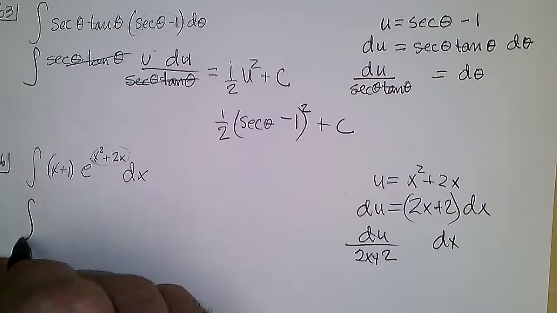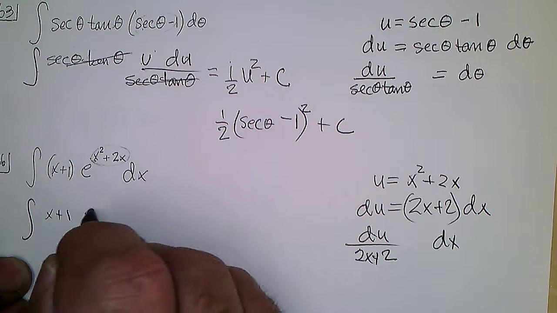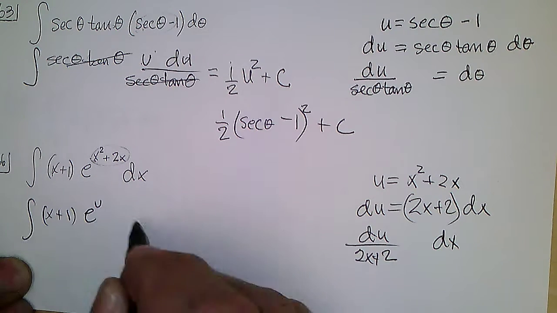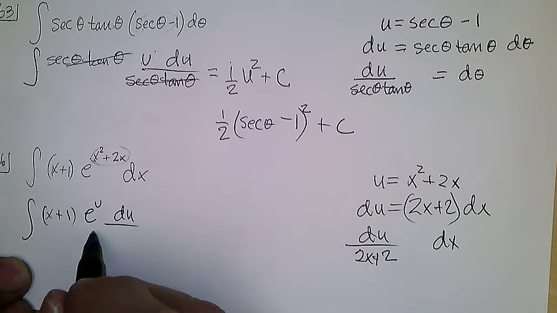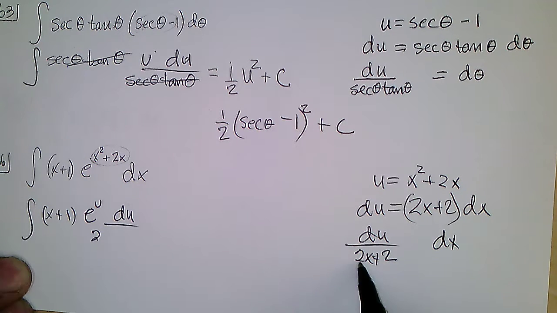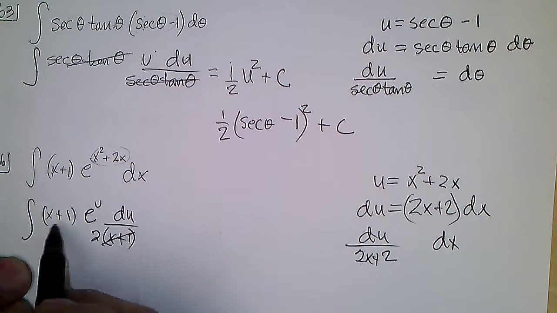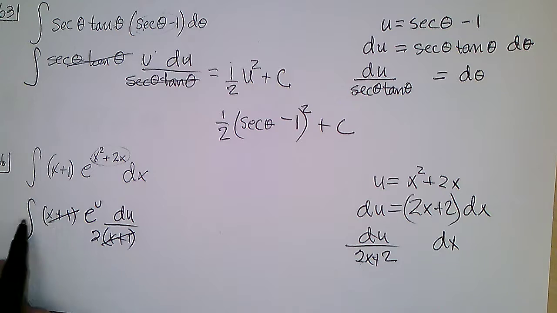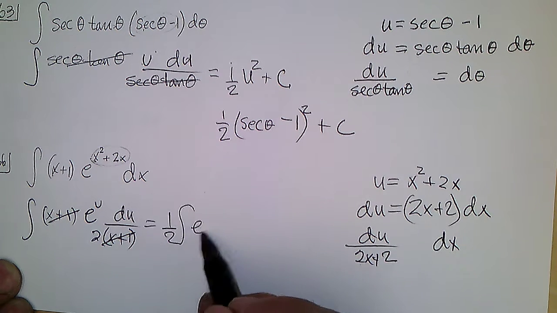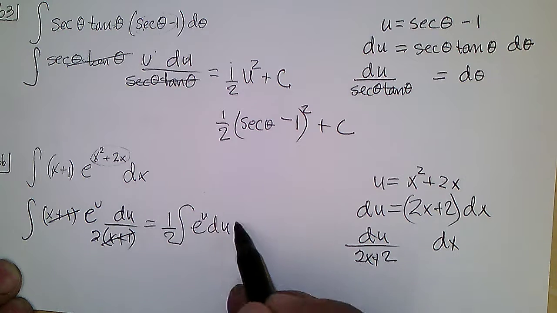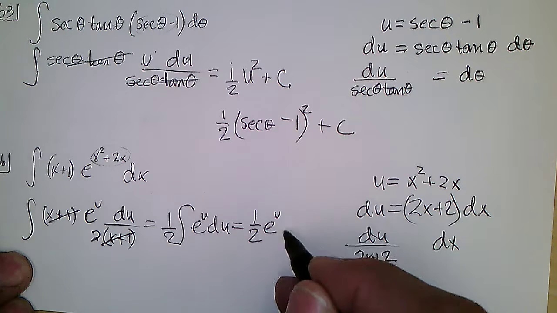So this becomes the integral of x plus 1 e to the u, and dx is du over 2, and if I factor out a 2 times x plus 1, the x plus 1's cancel. The 2 comes out as a half. Integral of e to the u du, which is 1/2 e to the u.